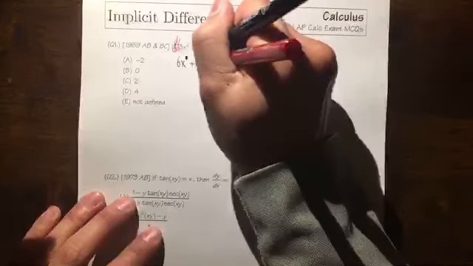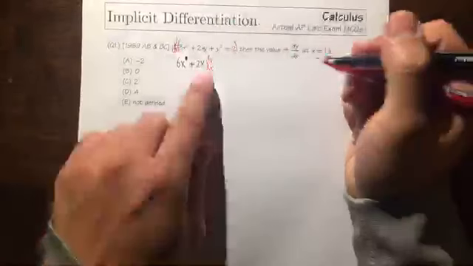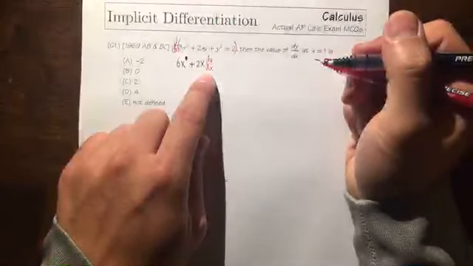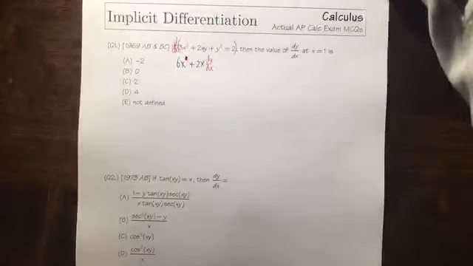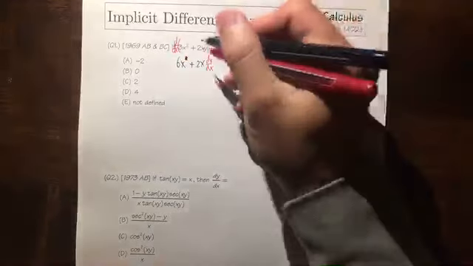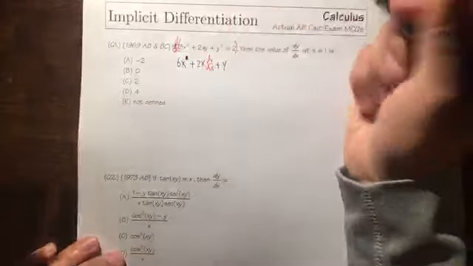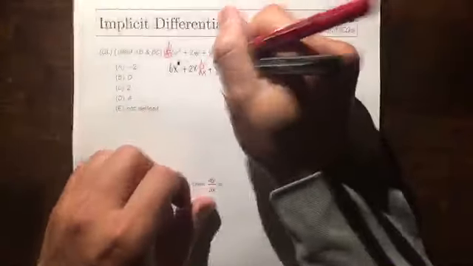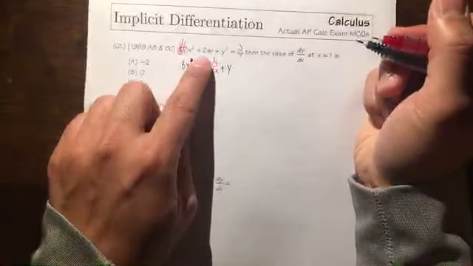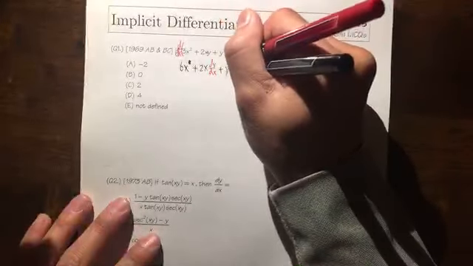The derivative of y I write as dy/dx, because y is a function of x. And we add the second function, y, multiplied by the derivative of 2x with respect to x, which is just 2.